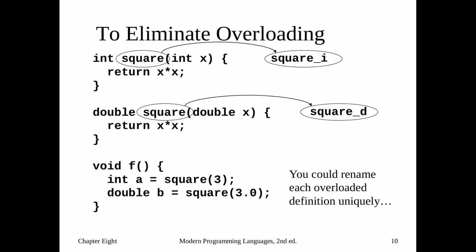So to eliminate that problem, the compiler goes through and renames the overloads such that you have essentially square I and square D as opposed to two different variations of the same name square, right? And then it rewrites those inside of where they're actually used.